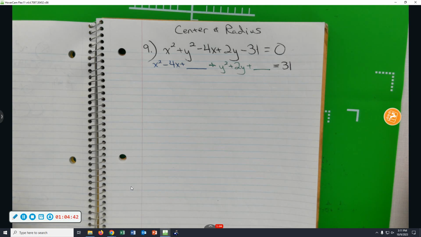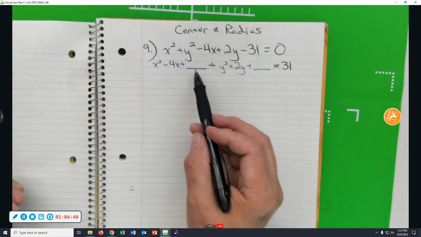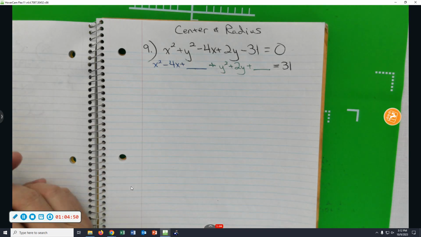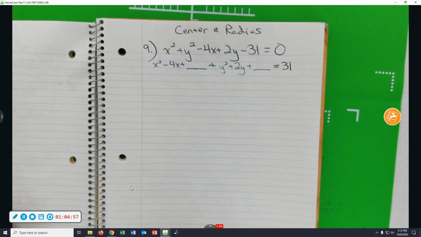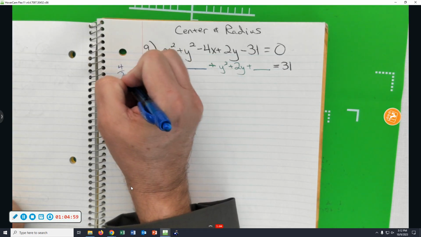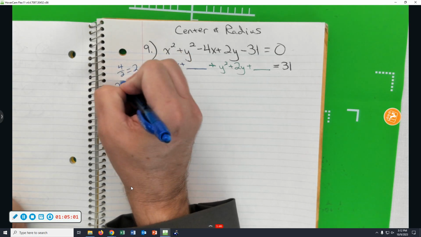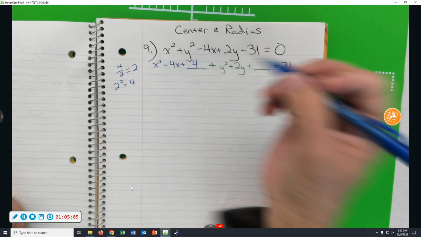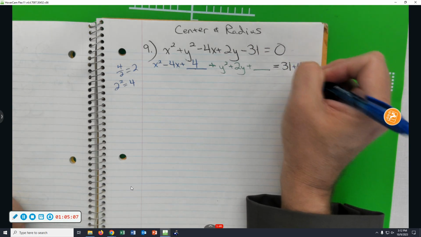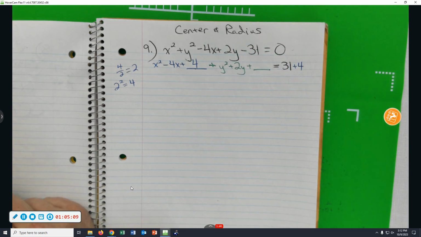What number are we going to add in to the blue blank right there? Half of 4 is 2. 2 squared is 4. I agree. And if we add the 4 here, we're going to have to add the 4 over here to maintain the equality.